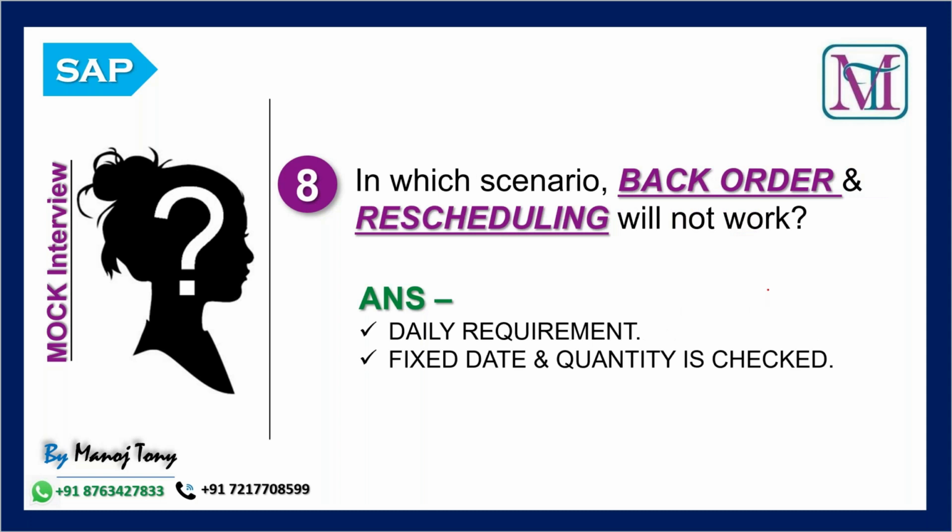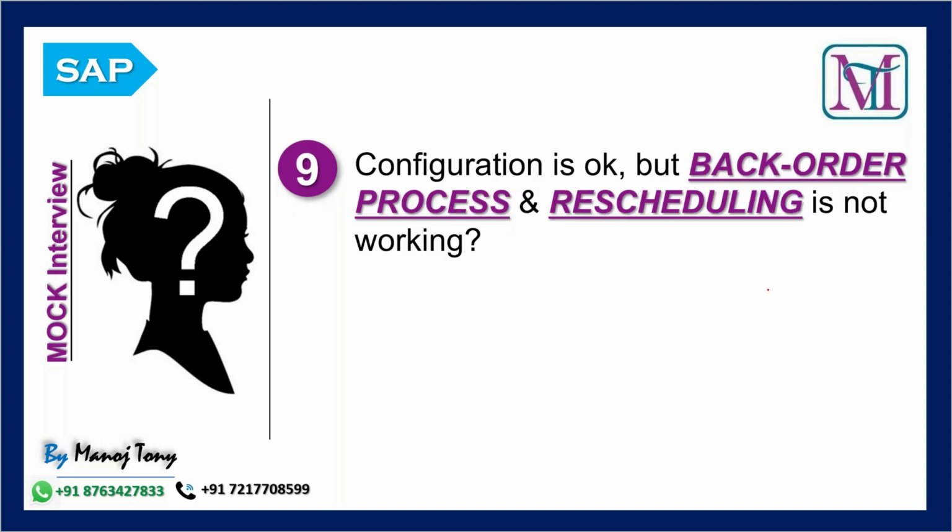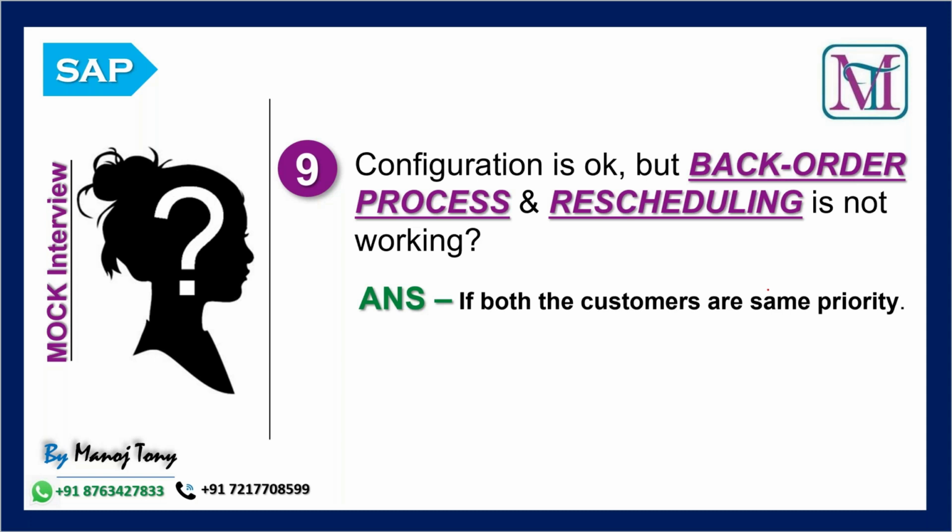Remember, if it is a daily requirement and in the configuration step fixed date and quantity is checked, then back order and rescheduling will not work. Configuration is okay, but back order process and rescheduling are not working. If both customers have the same priority, then back order process will work, but rescheduling will not work. Remember, you test this scenario.